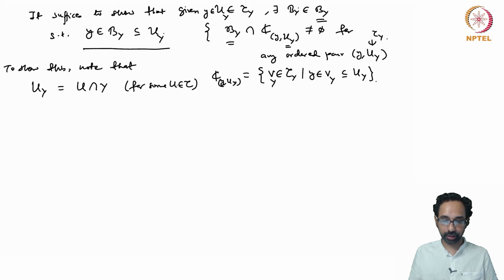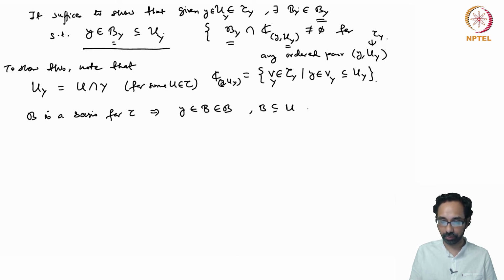And so what should be our B? Well, we have that B is a basis for tau. So this means that y is contained in some basis element B, and this basis element is a subset of U.